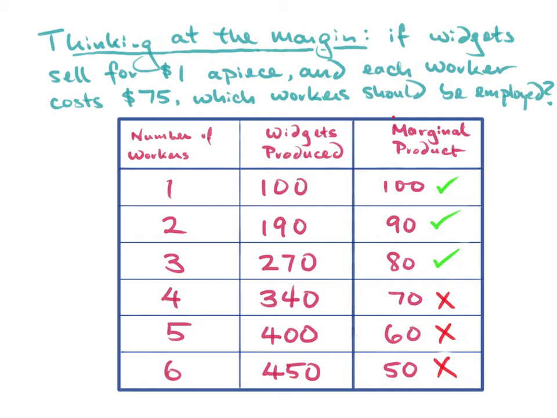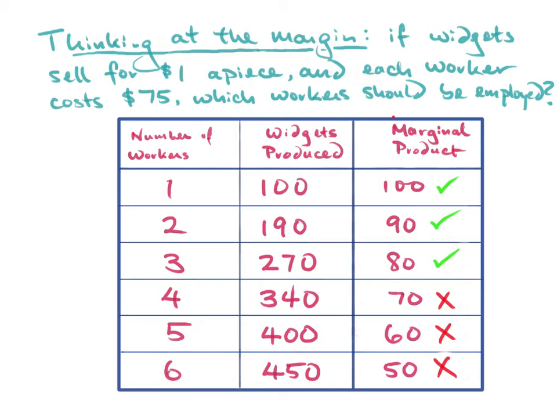For example, the first worker produces an extra 100 widgets for the firm, which results in an extra $100 of revenue for the firm. That's the marginal revenue from employing the first worker. The cost of this worker, $75. So the revenue from the first worker is greater than the cost. So yes, it's a good idea to employ this worker.